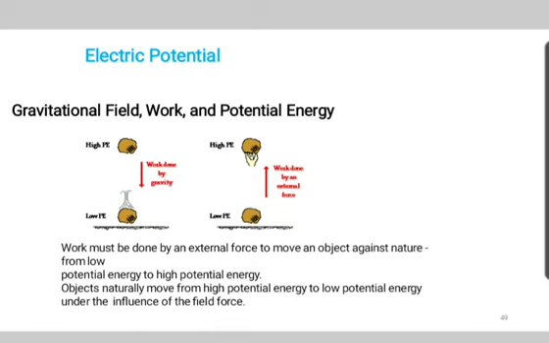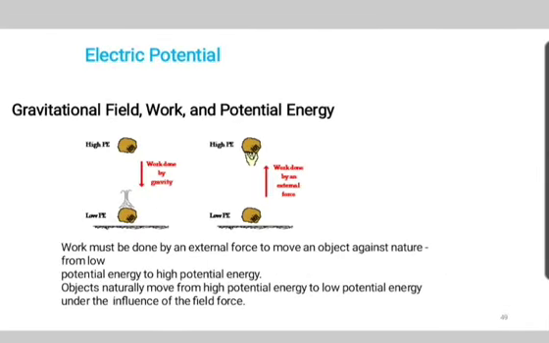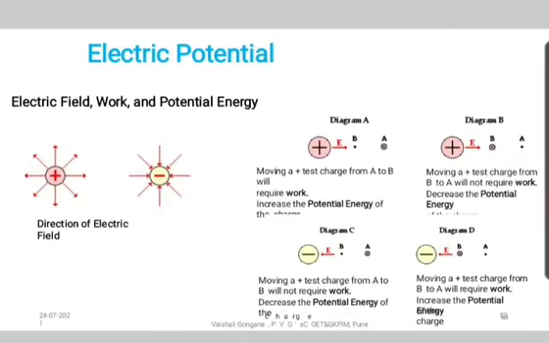The electric field intensity is defined as the force on a unit test charge at that point, at which we wish to find the value of this force. So if we consider a charge Q1 placed at point P, then due to this charge the electric field will exist.